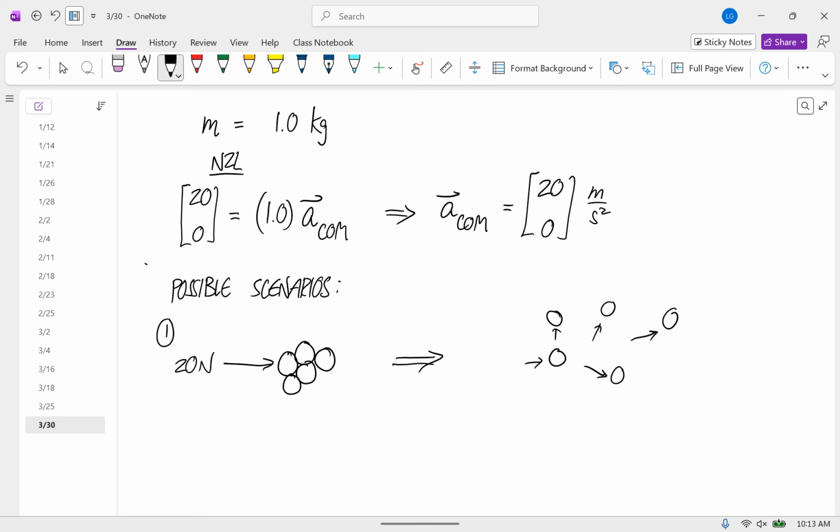But if you add up, and don't think of velocities, I think I might have just made that mistake, these are accelerations. So say these are the acceleration vectors.